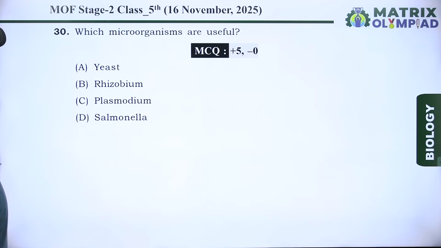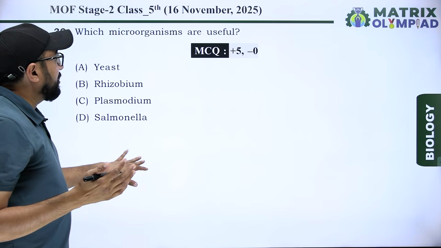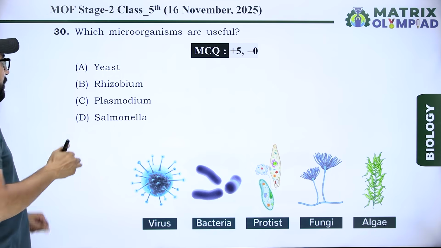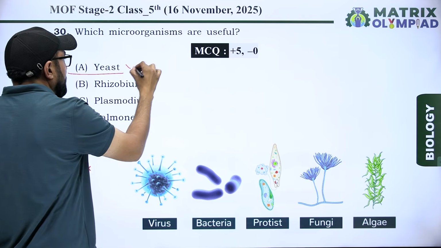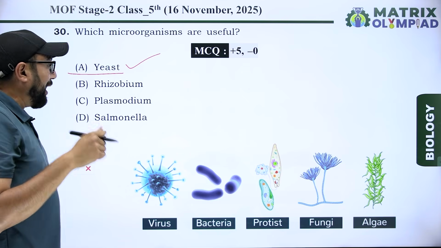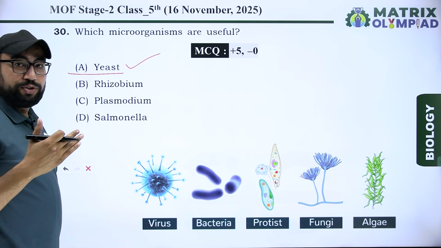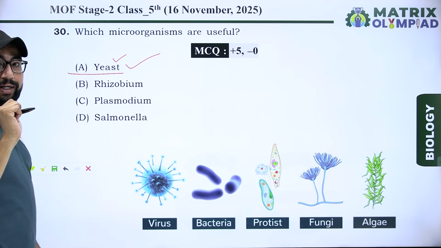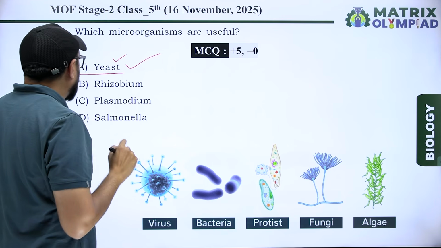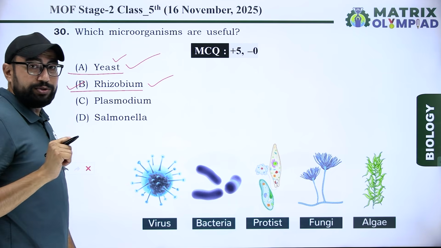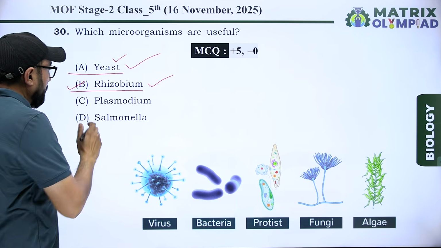Next question is, which microorganisms are useful? Option A, yeast, yes, yeast is baker's yeast, used in baking industry, and brewer's yeast. So, yeast is a useful microorganism. Next, B, rhizobium. Rhizobium helps in nitrogen fixation.